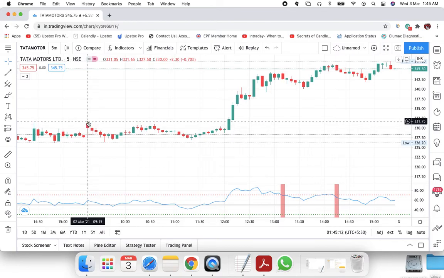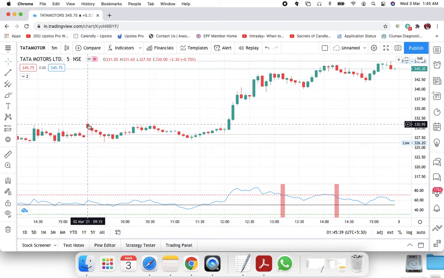So there are a lot of movements. That is called the price action of that particular candle at that point of time. This is the representation of the price action at that particular point of time.